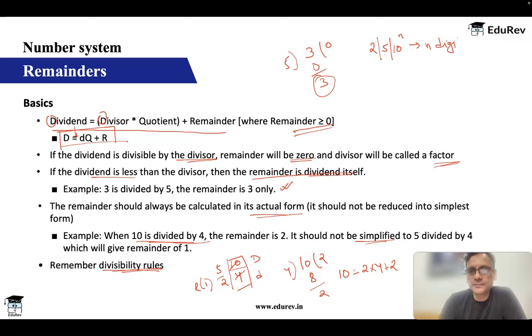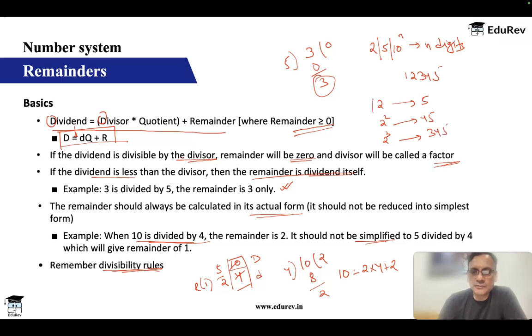Do you remember that? For example, if I give you a number 1, 2, 3, 4, 5 and I ask you whether it is divisible by 2 or not, you need to look at 5. For 4, which is 2 square, you need to look at 45. Okay, for 8, which is 2 cube, you need to look at 345.